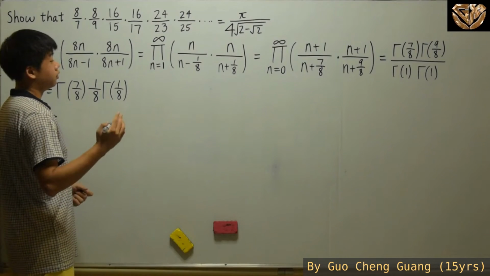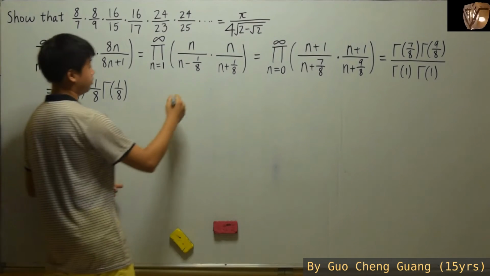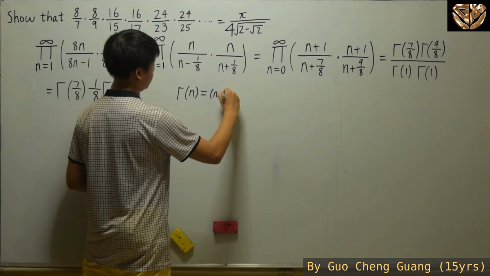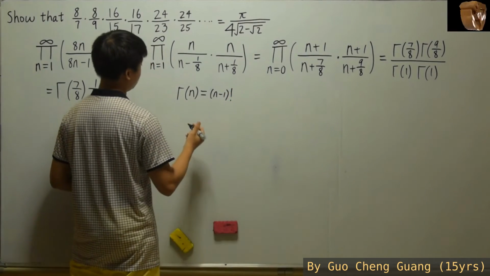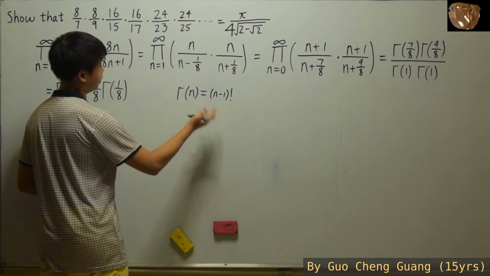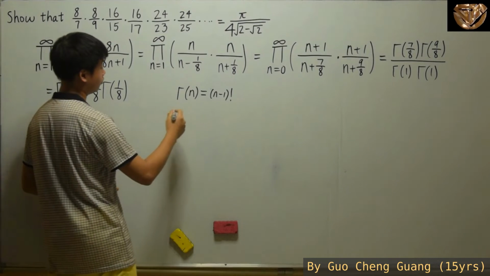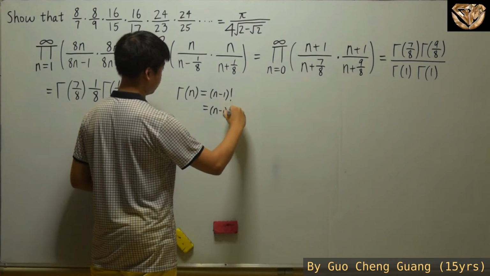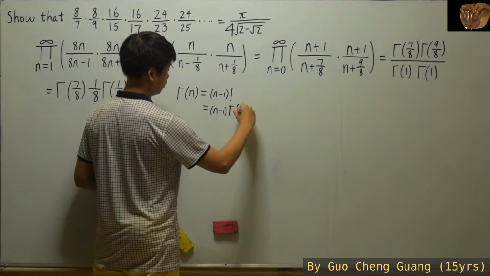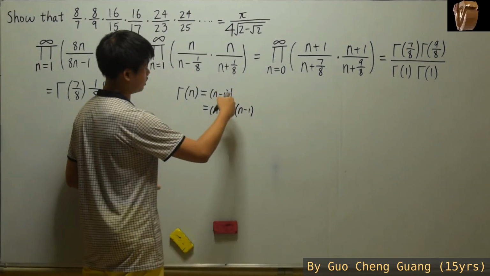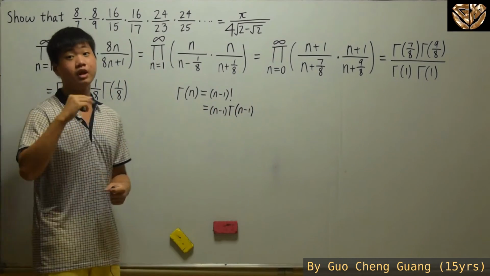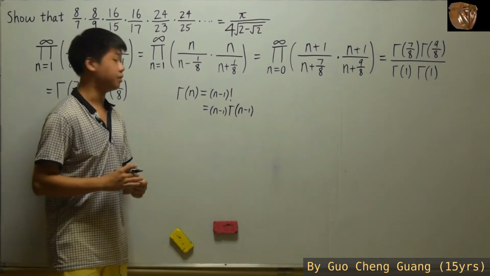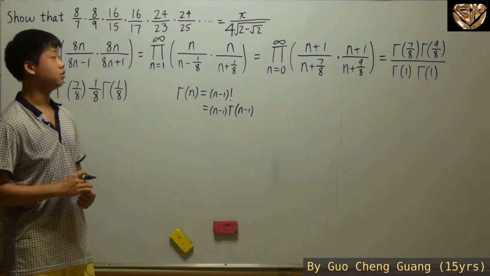So since gamma n is equal to n minus 1 factorial, well then technically you could bring out a n minus 1 to make gamma n minus 1. Since this inside, once you bring out the n minus 1, you'll be left with n minus 2 factorial. So when you change it back into a gamma form, you have a gamma n minus 1, which is kind of just what we used over here.